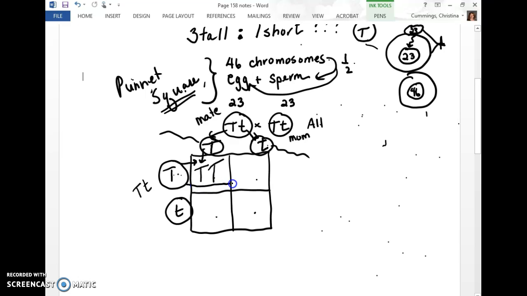Well, we show what happens by writing down the capital T from this egg here and the lowercase t from that pollen there, and that's the genotype of that offspring. Let's do the same thing right here. Capital T for this one, lowercase t for that one. And then finally, what happens if this pollen fertilizes this egg? Well, then we get lowercase t, lowercase t.